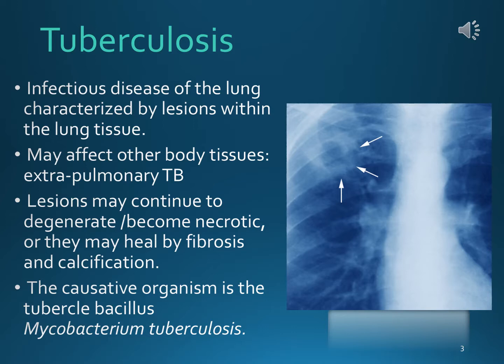The lesion that you see here on the X-ray is pulmonary TB, and these continue to degenerate. They can become calcified, they can become necrotic, and they can heal and become fibrotic, and it's just this calcified nodule that sits there in your lung tissue.